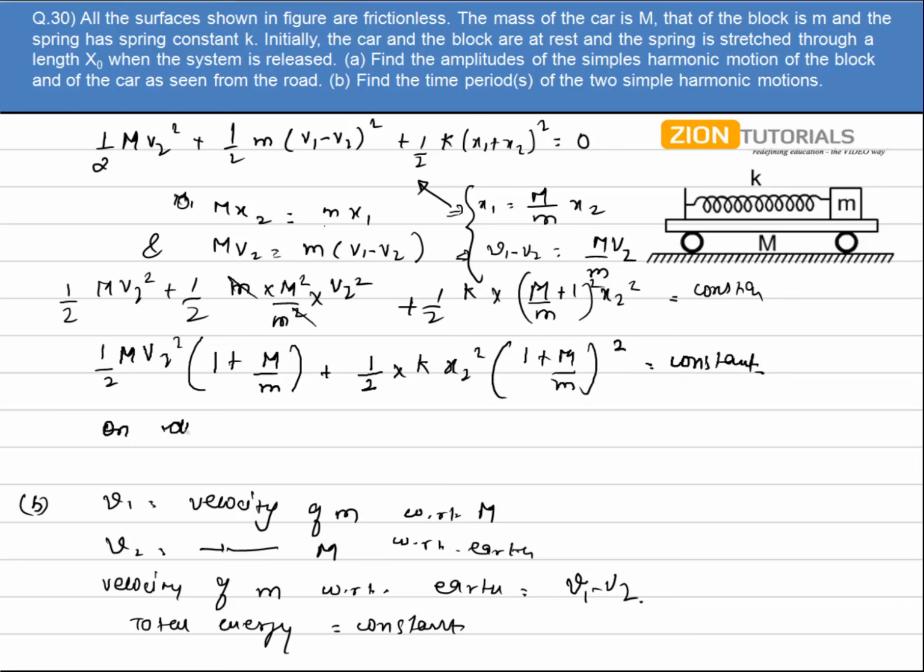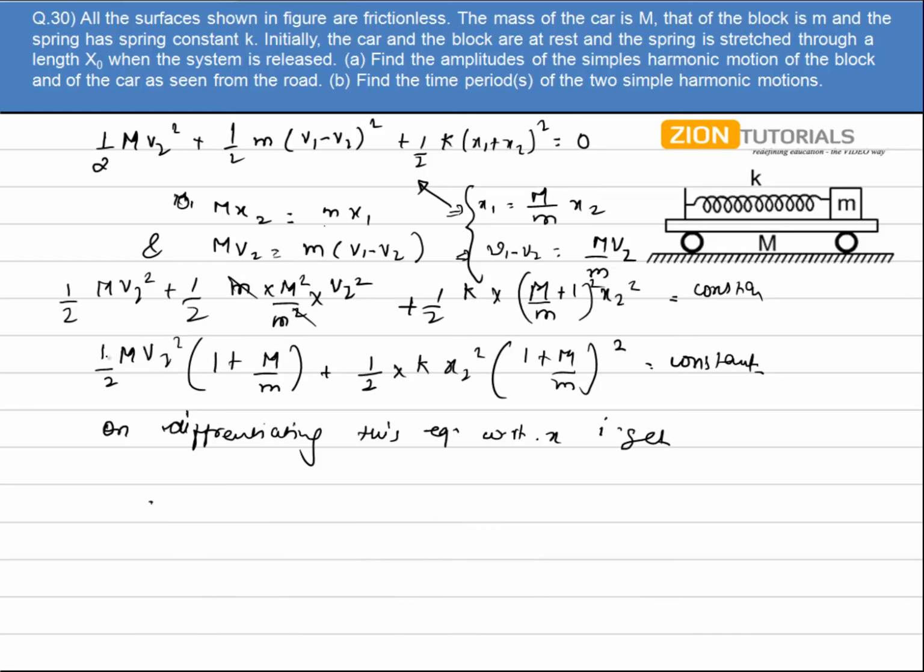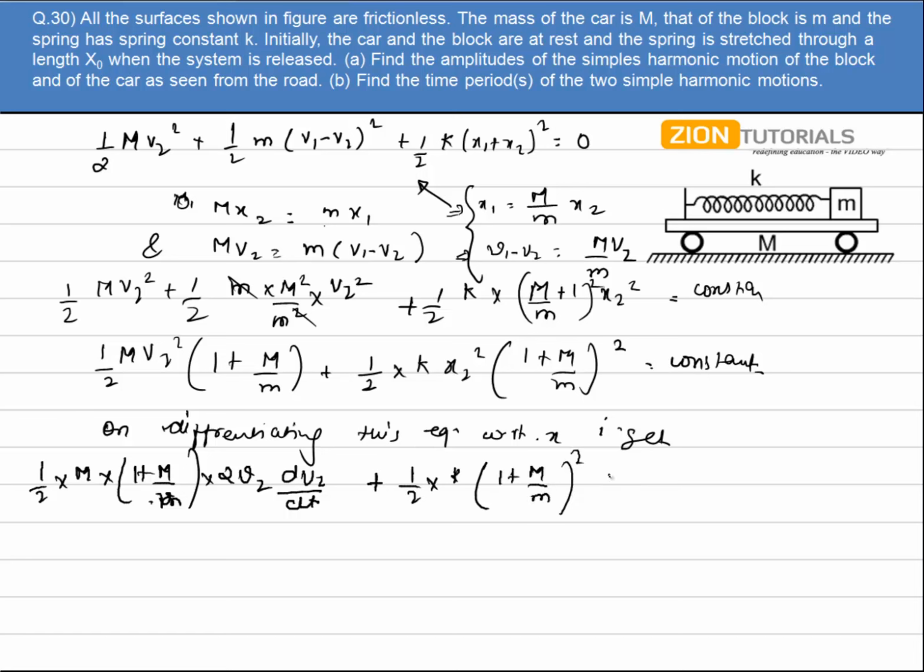Now on differentiating this equation with respect to time, I get half into m into (1 plus capital M by small m) into 2 v2 dv2 by dt, plus half of k (1 plus capital M by small m) whole square into 2 x2 dx2 by dt, that is equal to 0.